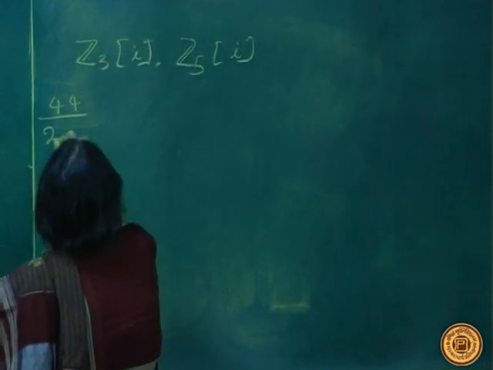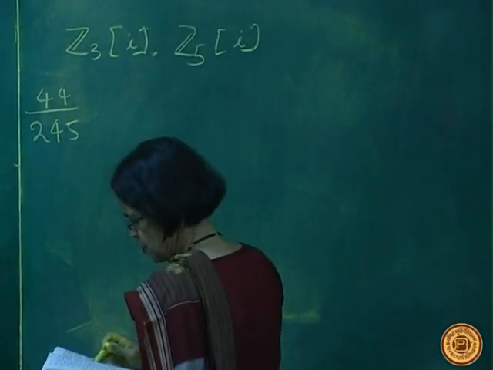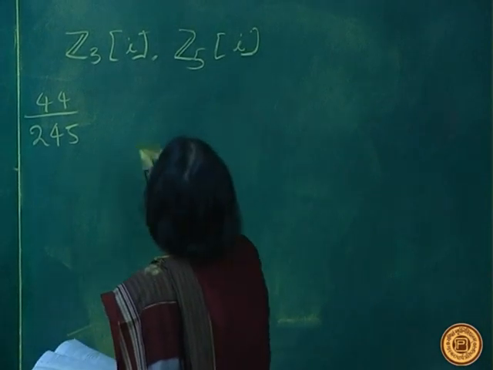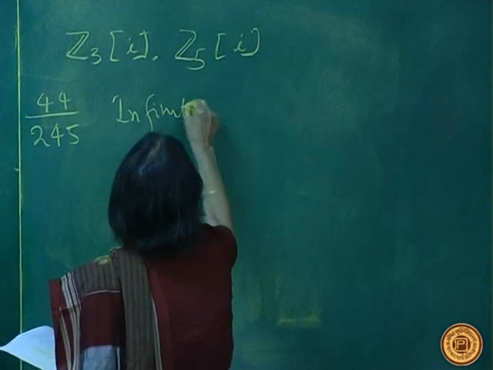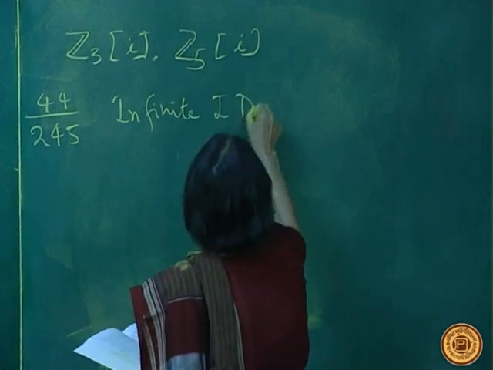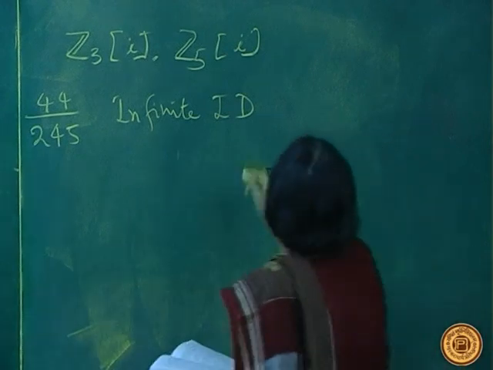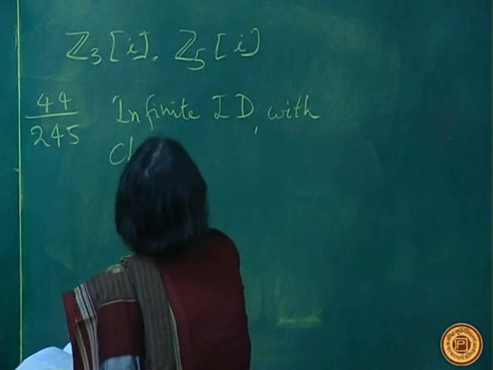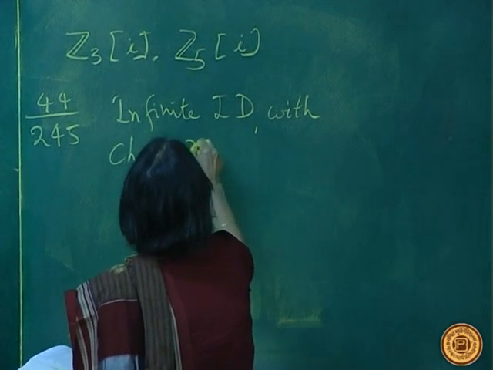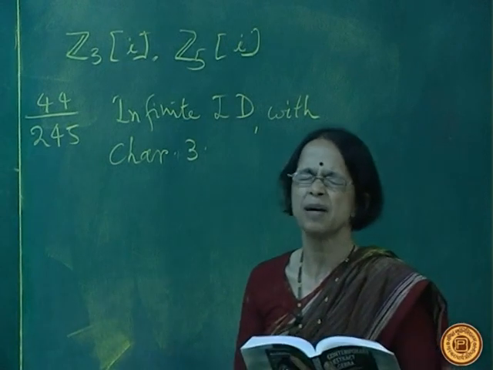What do you think? What are the infinite integral domains that you have already seen? Infinite integral domain with characteristic 3. Now, which are the infinite integral domains that you have seen so far?